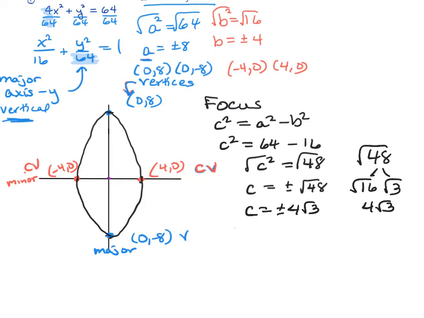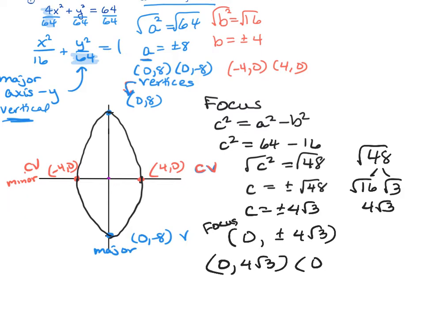So now my focus point, again, remember it's on the major axis. So we're adding this to the y because your major axis was the y-axis. So the focus points become 0, comma, plus and minus 4 radical 3. I can split it apart, positive 4 radical 3 and negative 4 radical 3.